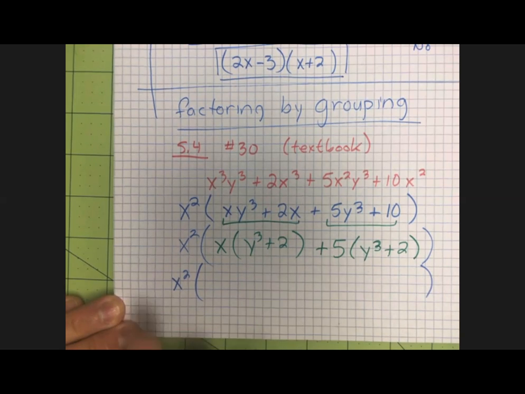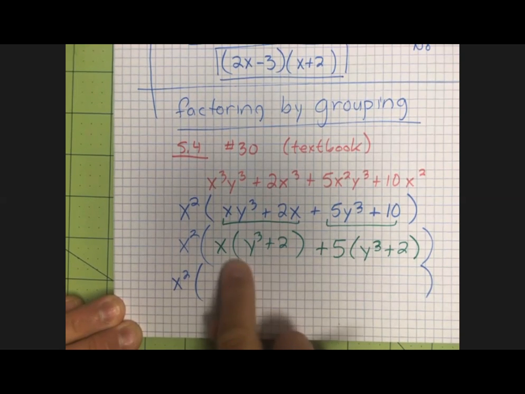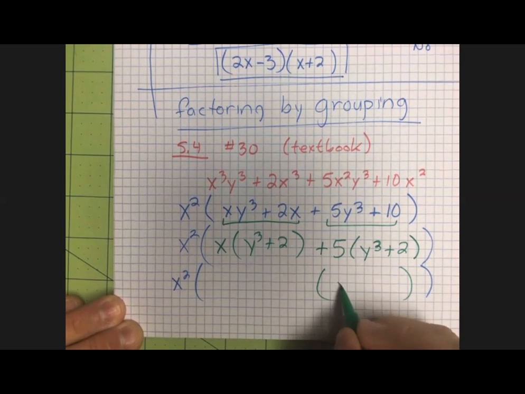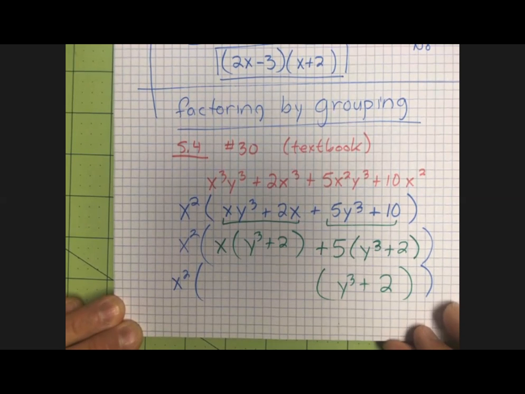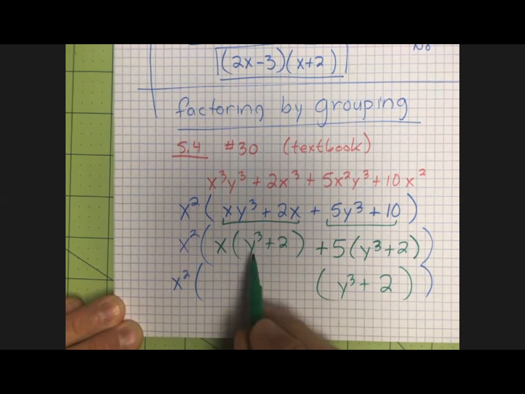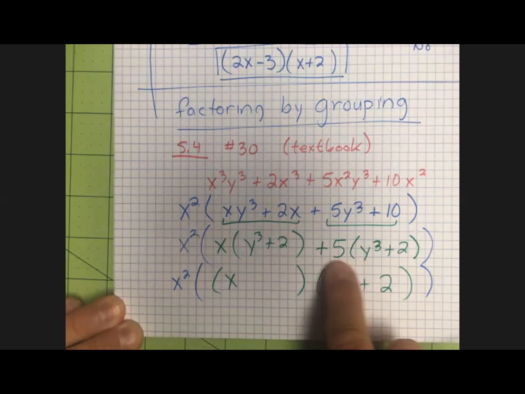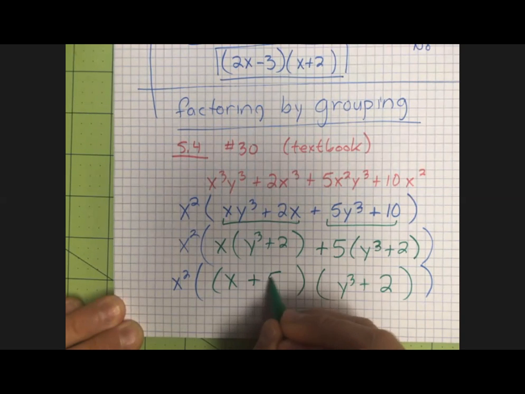But let's leave it out there. Let's remove this green stuff, y cubed plus 2. What would happen after I remove y cubed plus 2 here? I'll have an x. What happens if I remove y cubed plus 2 from this one? I have a 5.